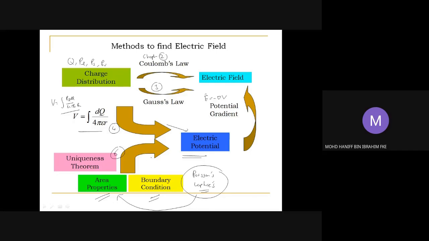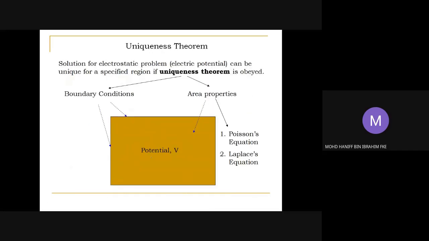Okay, so let's have a look at what is meant by the uniqueness theorem. From the definition, the solution for an electrostatic problem, in this case the electric potential, can be unique for a specified region if the uniqueness theorem is obeyed.